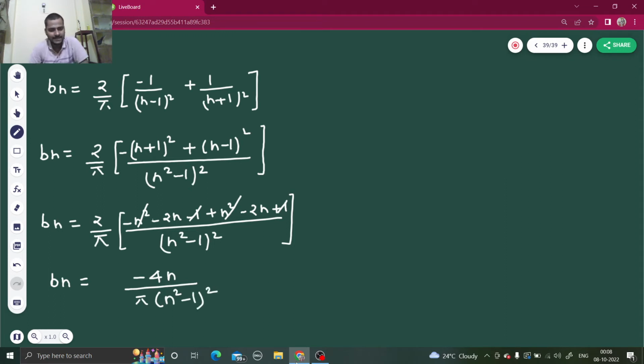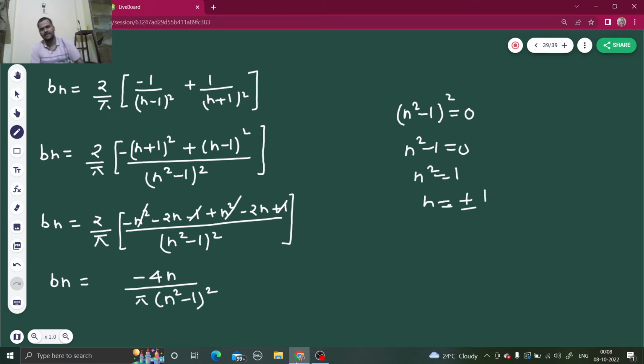And obviously this is not defined when the denominator becomes 0. So n square minus 1 whole square will be 0 when n square minus 1 equals 0, n square equals 1, n equals plus minus 1.